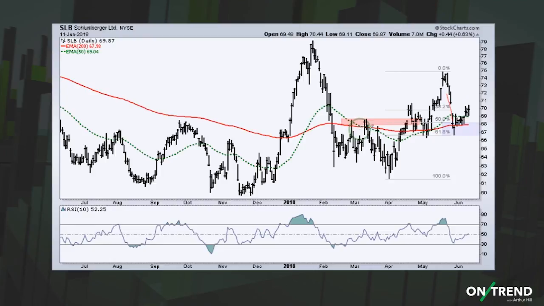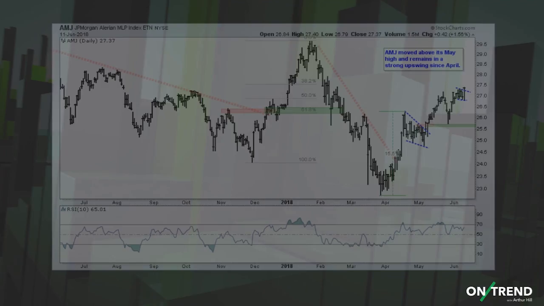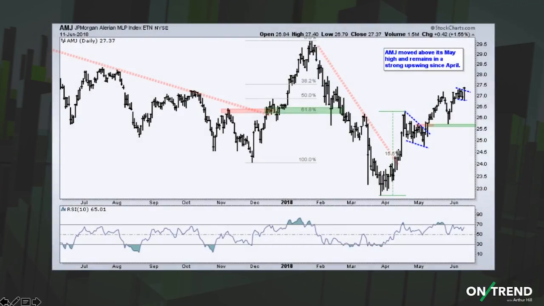There's a lot of congestion here and a lot of support, and it looks like it's trying to turn up here, and got a little gap there 3 days ago as well. And one of the surprisers is the AMLP ETF. All right, it got the wedge breakout there, very sharp pullback to the breakout zone, but then rallied right back, kind of consolidated for 4 days and turned up again. So MLPs appear to be moving back in favor.